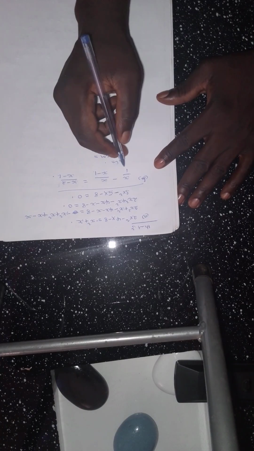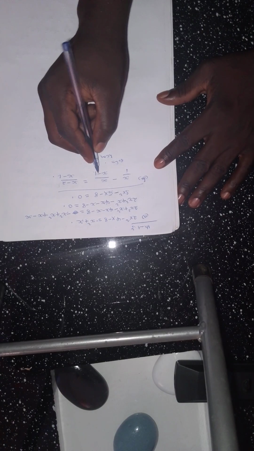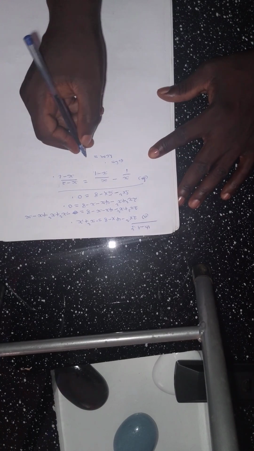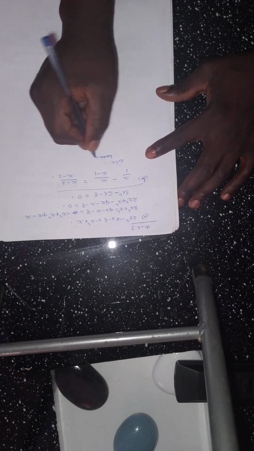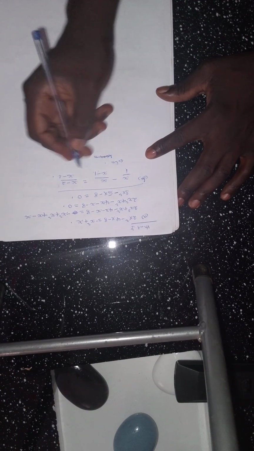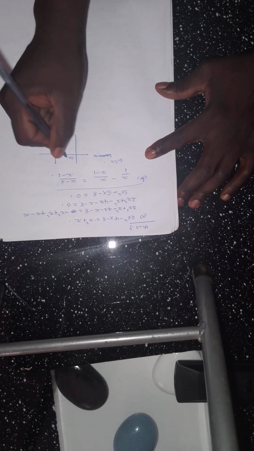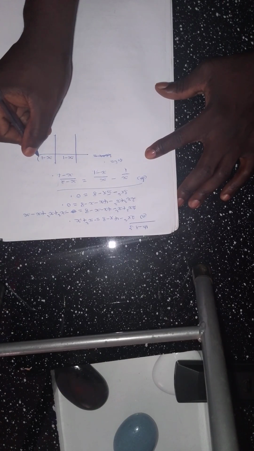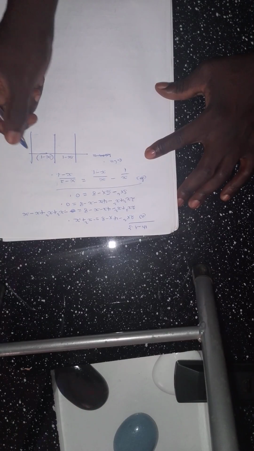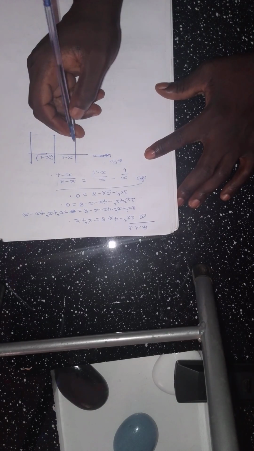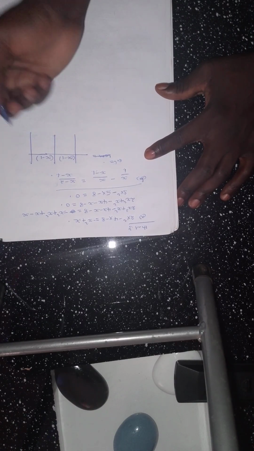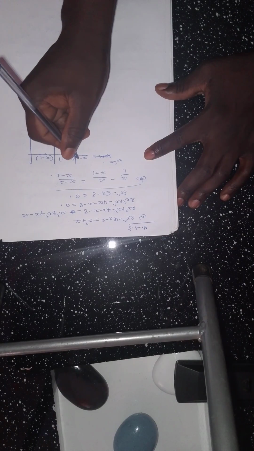LCM, you get this times this times the other one. Okay, we have 1, then x minus 1 and x minus 1. This is a 1, you don't need to think about it, by x minus 1.